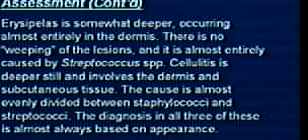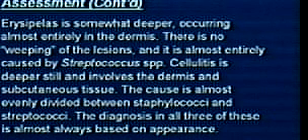The key word or the buzzword would be honey-colored scabs. So that's a buzzword that would just automatically point to a traditional impetigo. Now, if we look at erysipelas, this is somewhat deeper, and it usually occurs in the dermis.